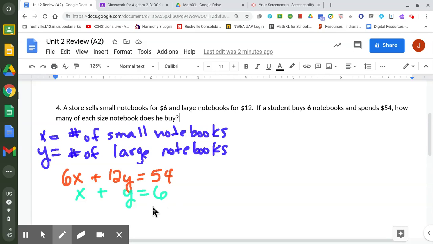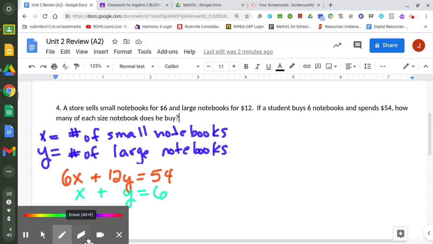And so we've learned 3 ways to solve systems of equations: by graphing, but we didn't give you a graph to do this on, so we probably would prefer you to do it with substitution or elimination. And I would say this is set up nicely for elimination.